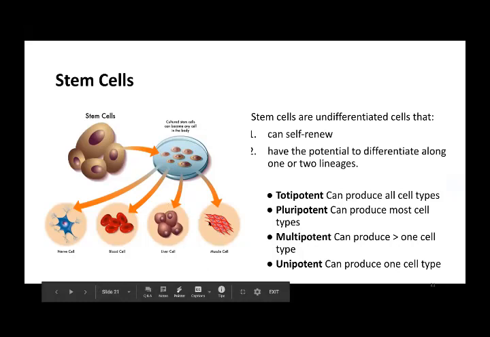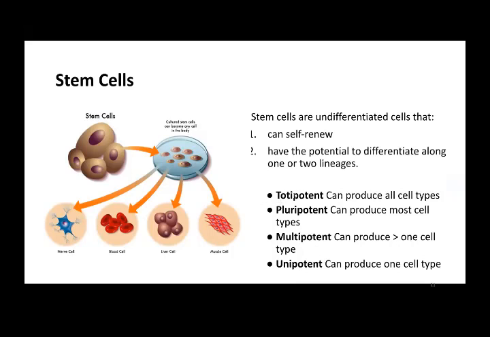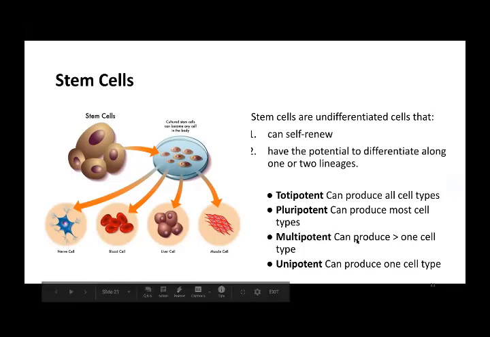And they can self-renew themselves as well. Totipotent means can produce all cell types. Pluripotent can produce most cell types. Multipotent can produce more than one cell type, or they could be unipotent, which can produce only one cell type. This will be a totipotent stem cell that can produce all cell types.